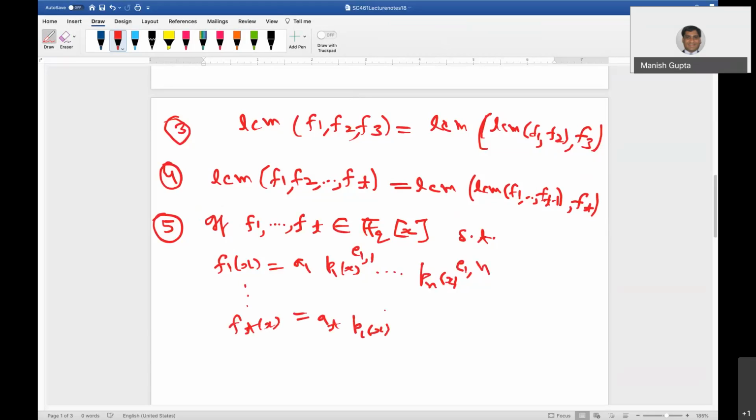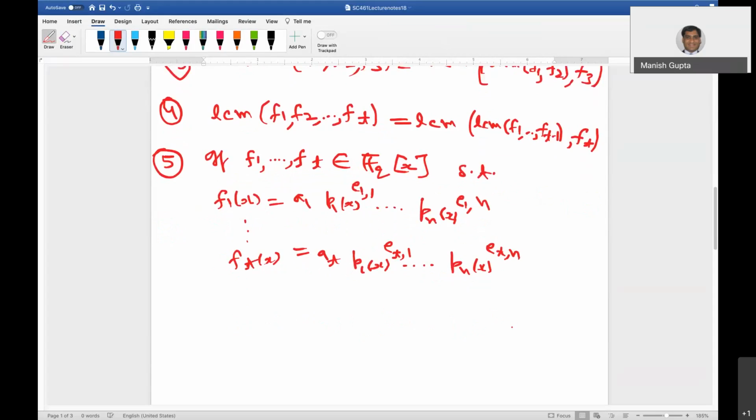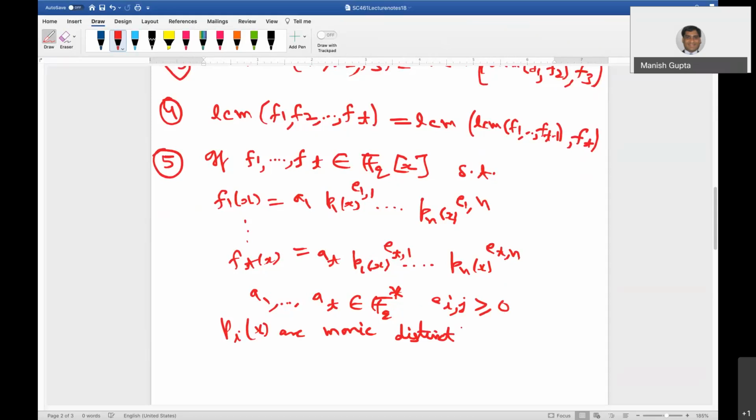These are the powers, where a1, ..., at belong to Fq*, non-zero elements in the finite field, the eij are non-negative, and the pi are monic, distinct polynomials over Fq.